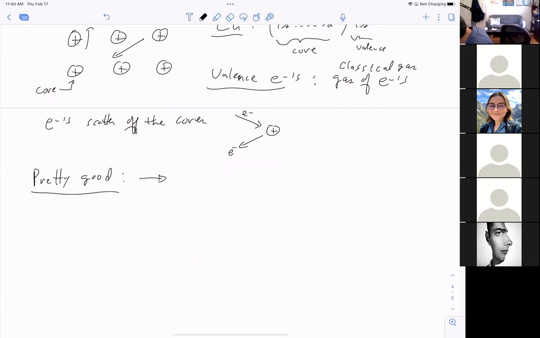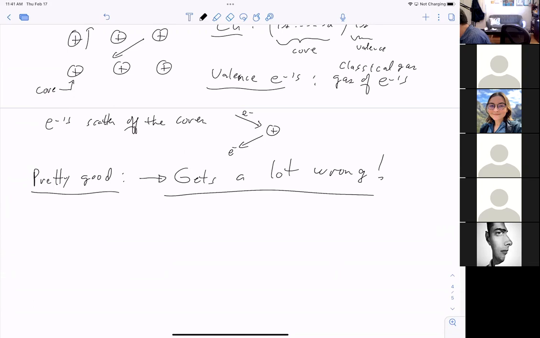But the point I want to make is it gets a lot of stuff wrong. So let's focus on the failure. Let's see the glass as half empty, not half full. There's a lot of failures to this model, and let's talk about them.